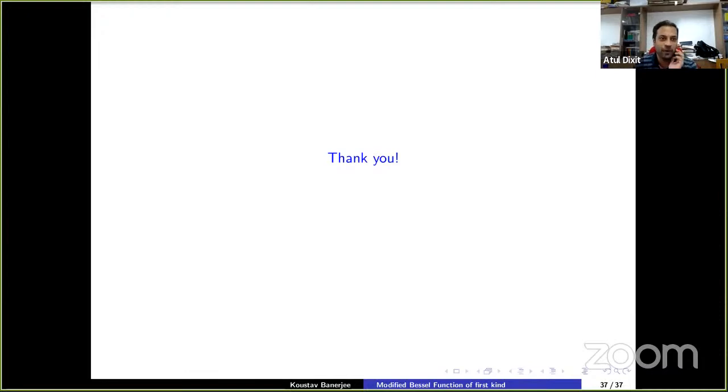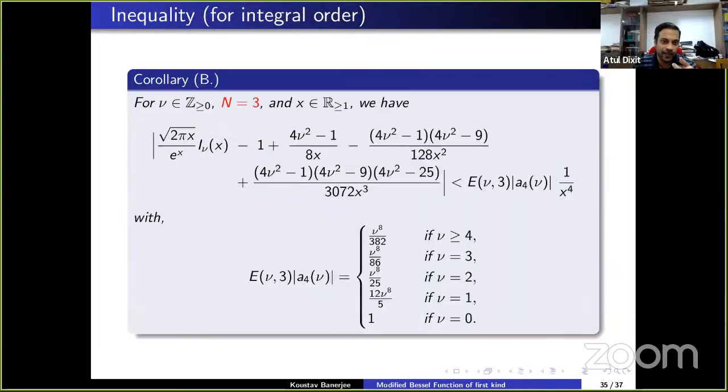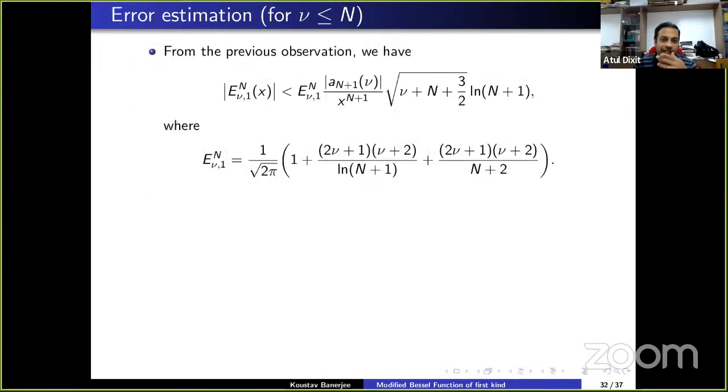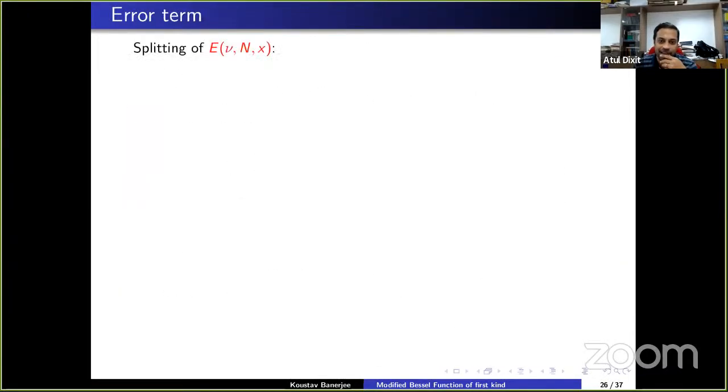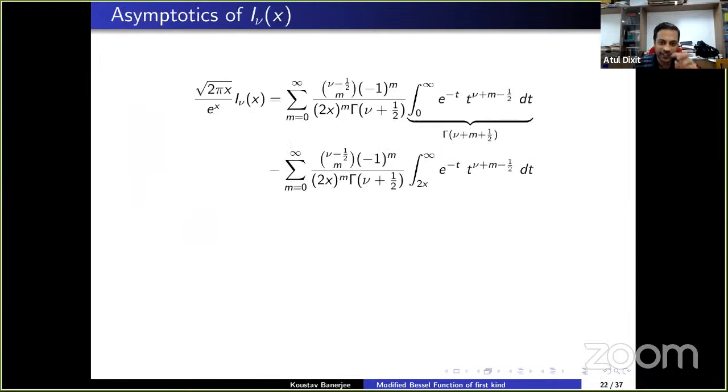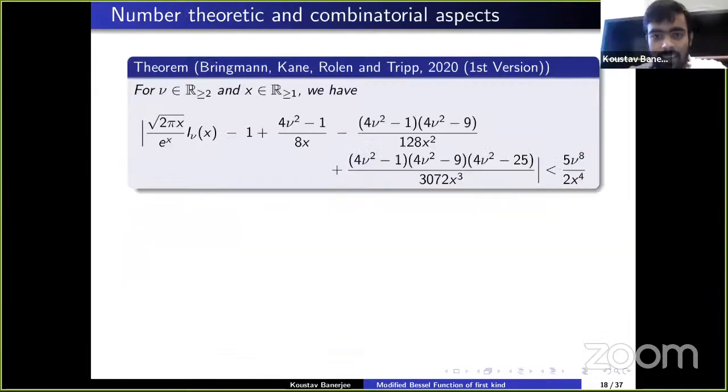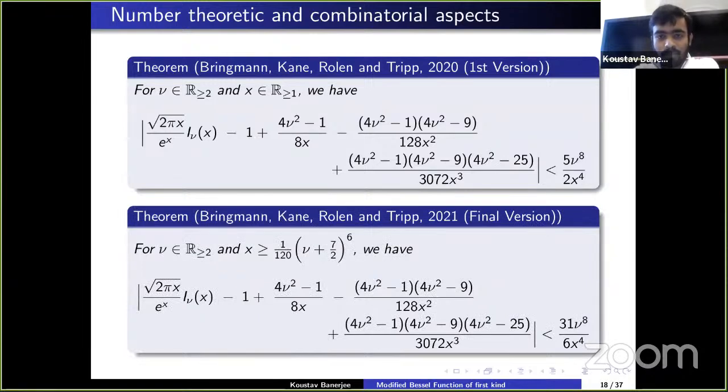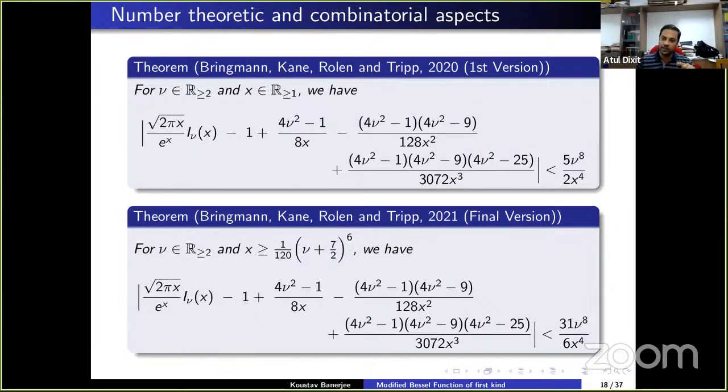Okay, I have a couple of questions. If you go to that result of Brinkman, Rolen, and Zeitler and others, they have two versions, right? The one where you have one by one. Yes. It seems to me there is some kind of trade-off. In the first version, I have on the right-hand side 2.5 times nu to the 8 upon x to the 4, and in the final version it's 5 point something times the same thing.